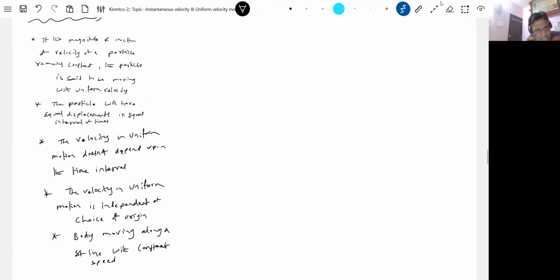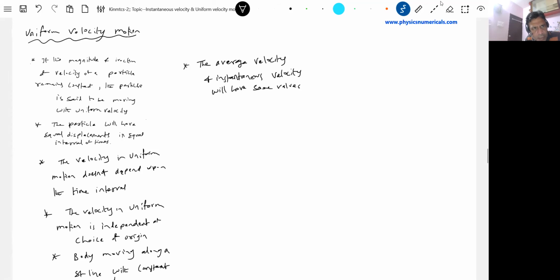Now, what about the average and instantaneous values? Both will have the same thing. The average velocity and instant velocity will have the same values in uniform velocity motion.